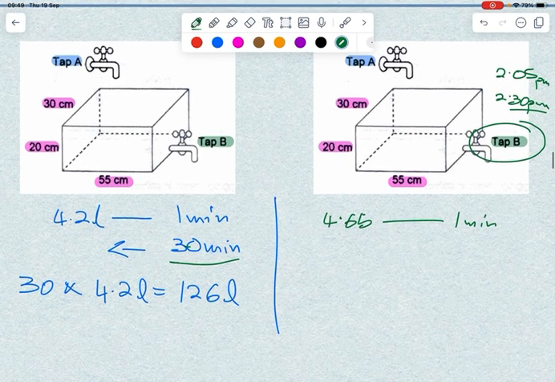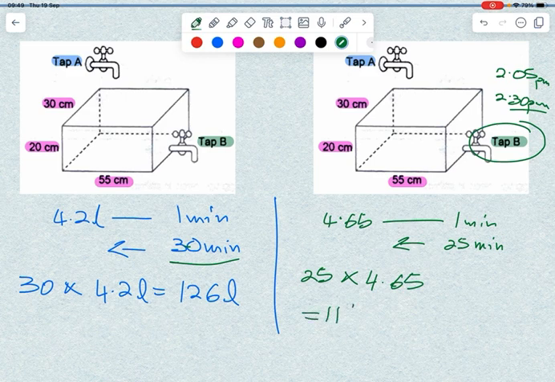So 25 minutes will produce how much? 25 multiplied by 4.65 liters will give you 116.25 liters of water that flows out.